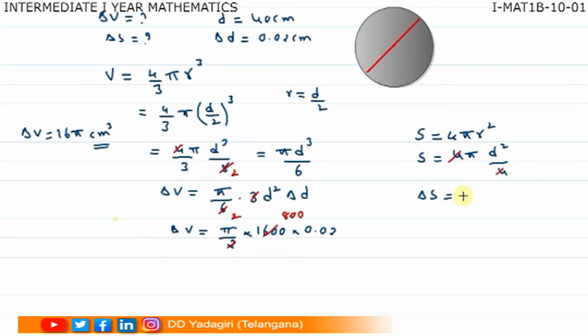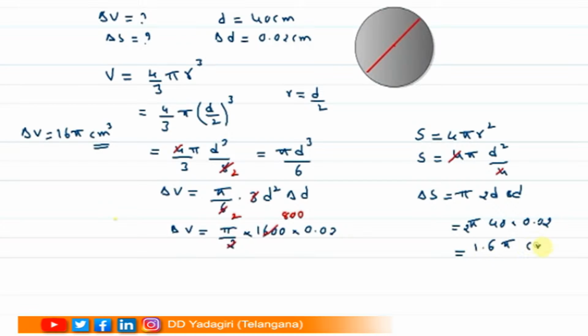Delta S is equal to pi, constant, 2d delta D. This is 2 pi constant, D is 40 into delta D, which is 0.02. So on simplification, I will get this as 1.6 pi centimeters square.